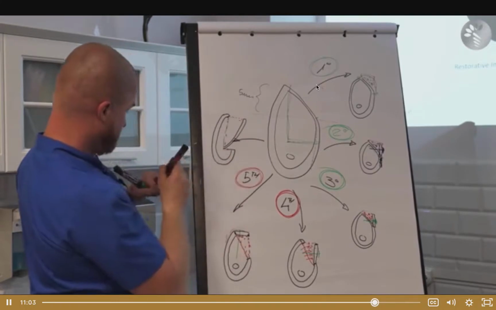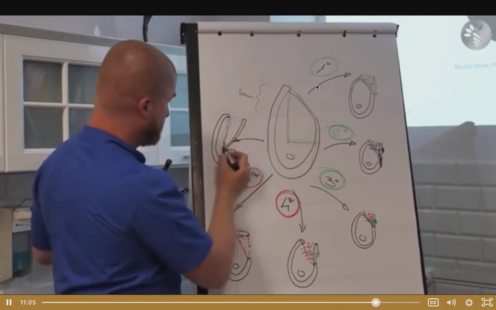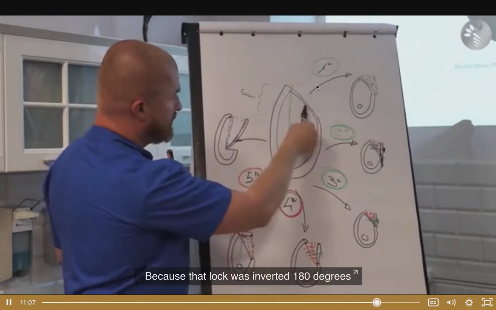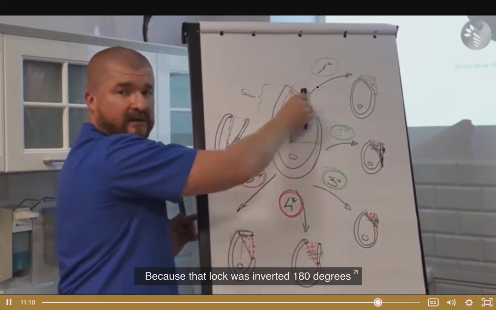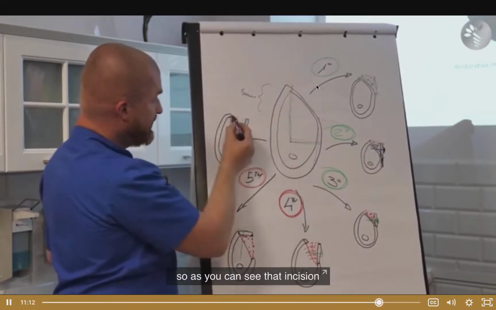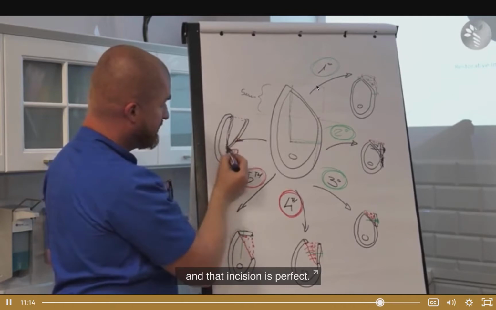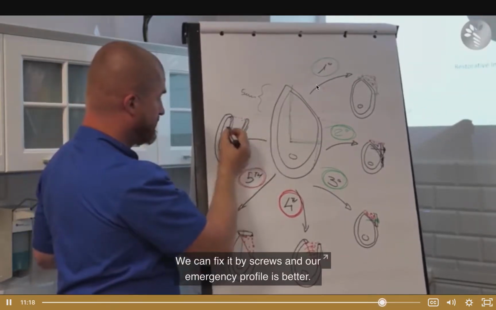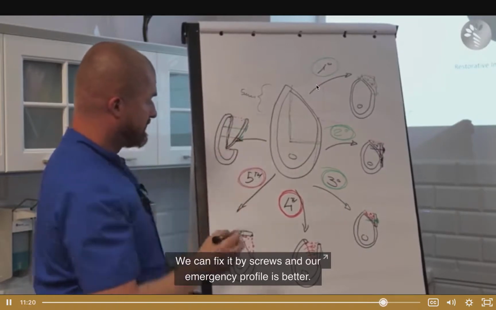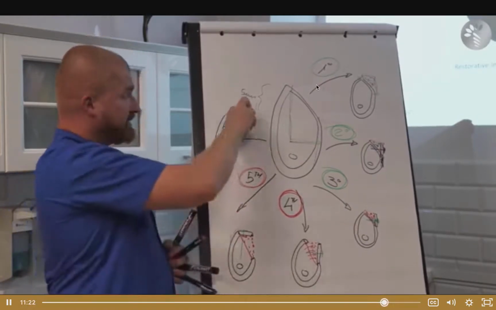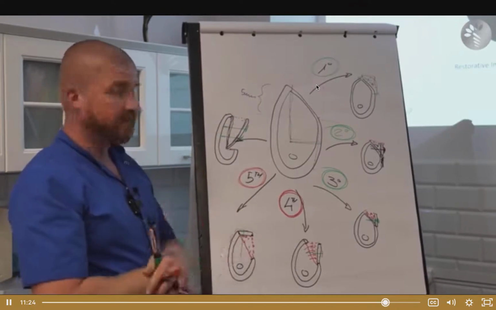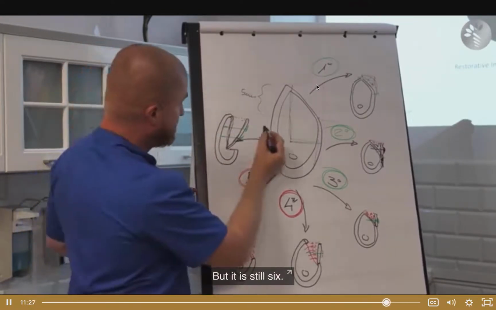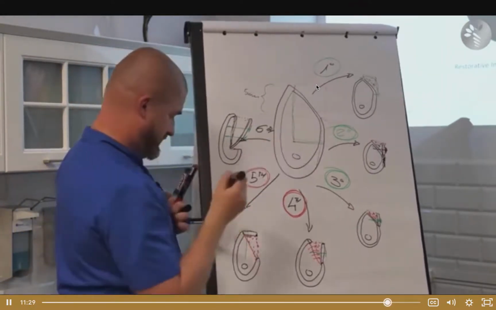Okay? Because that block was inverted 180 degrees. So the adaptation of that incision and that incision is perfect. We can fix it by screws, and our emergence profile is better. But it is still the sixth dangerous technique.